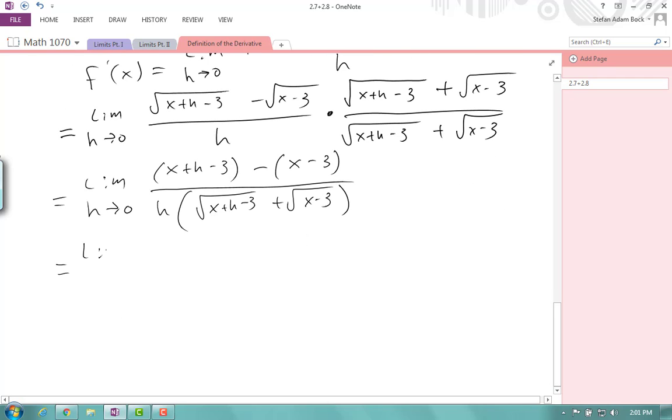Now if I distribute this negative up top, I believe I can cancel some stuff. I'll have an x minus an x, so those will cancel. I'll have a minus 3 minus a negative 3, which is minus 3 plus 3, so those will cancel. And I'm just left with an h on top. I have h over h.